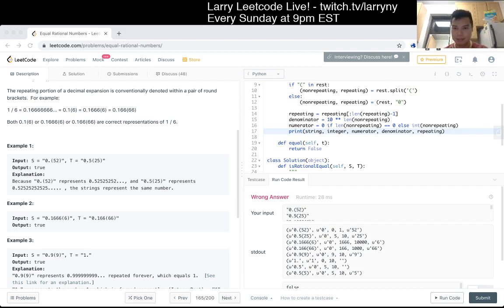Okay. So that means the repeating denominator is equal to the length of non-repeating. That's the number of nines. Something like that.